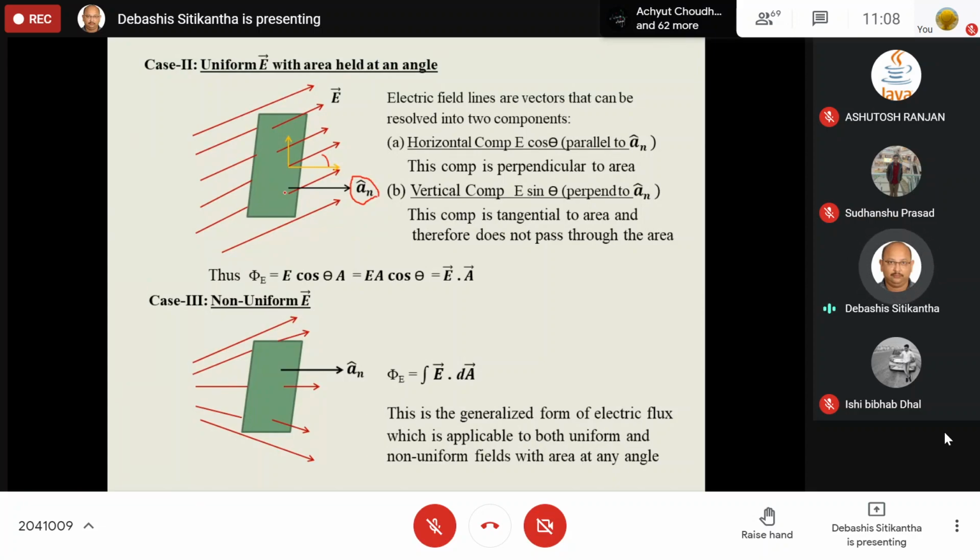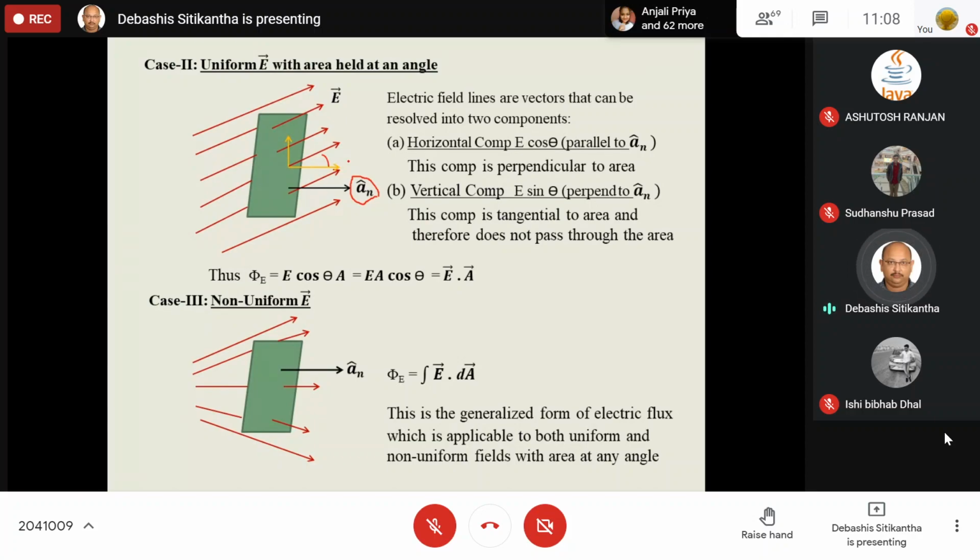Therefore, it is not crossing it, and therefore it is not going to affect our electric flux. So the only component which matters is the horizontal component, because this is the one which passes through the unit area at 90 degrees, and therefore we consider this horizontal component as the one which contributes to the electric flux.